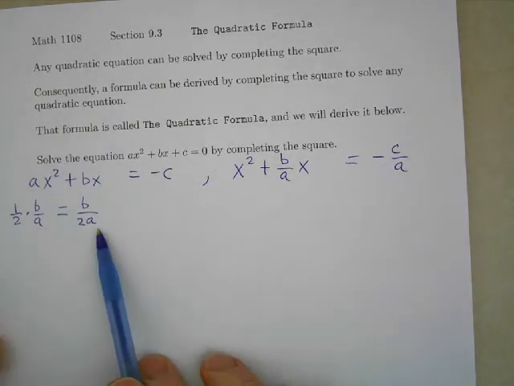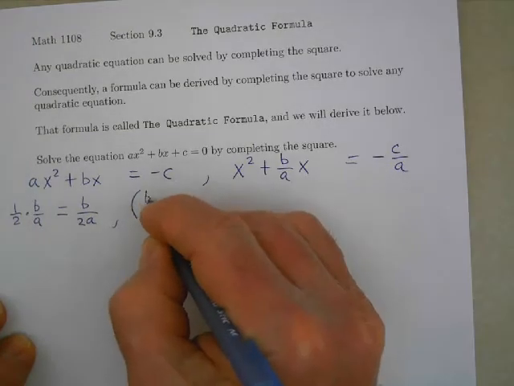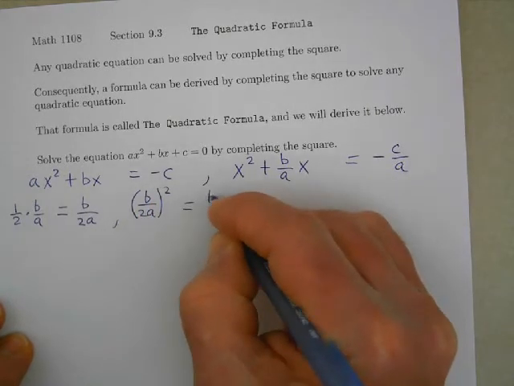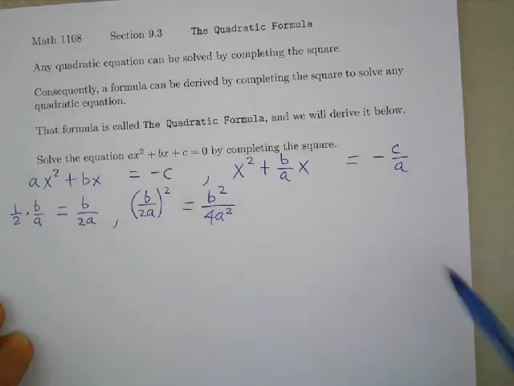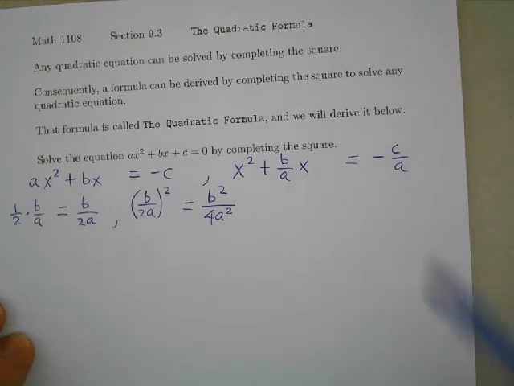Then we square that number. So we square b over 2a, which is b squared over 4a squared. And we add this number to both sides of this equation.